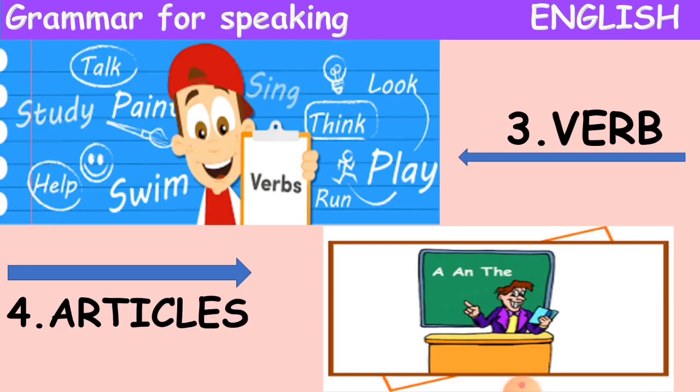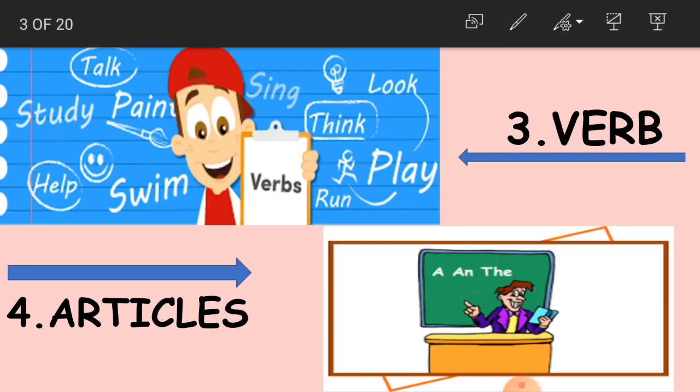And the third one is the verb. Like everybody knows, verbs are action words. So the third one we have to remember is the verb, and the fourth one is the articles. Okay children, a and the. These are the articles. So you have to remember these four basic things to speak English fluently.